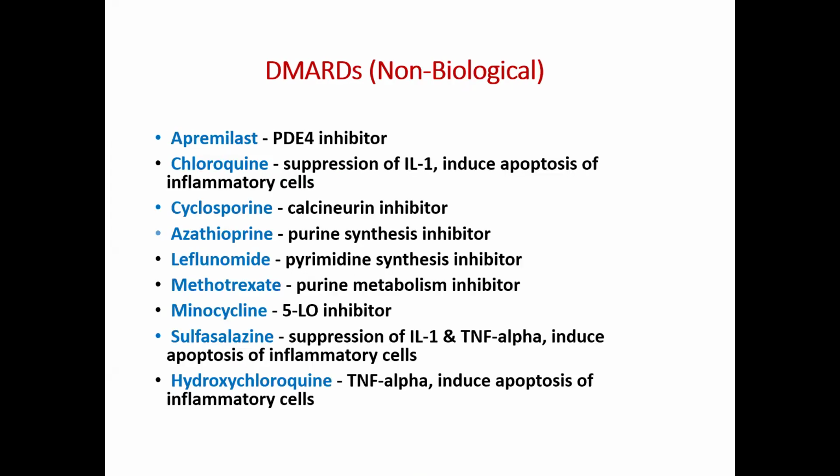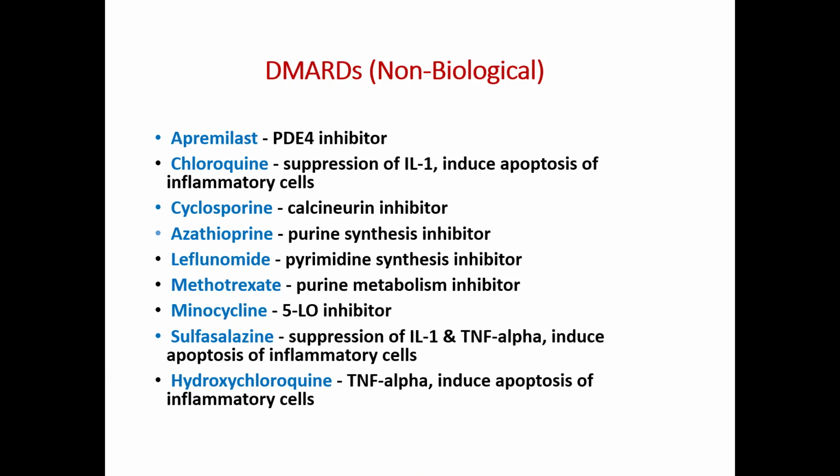Then you have the non-biological ones here, such as chloroquine, azathioprine, leflunomide, methotrexate, sulfasalazine, hydroxychloroquine. The most important one that you need to know about is methotrexate, and next are sulfasalazine and hydroxychloroquine.